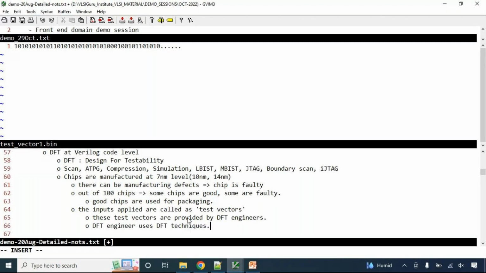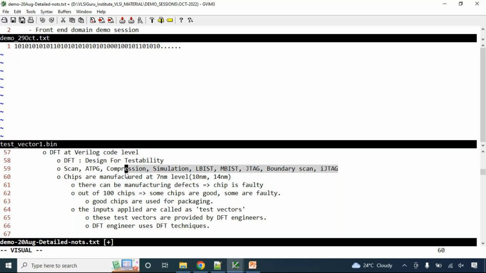What are the DFT techniques? Scan, ATPG, compression, simulation, logic BIST, memory BIST, JTAG, boundary scan, IJTAG. So, various techniques. Finally, you come up with vectors to figure out the faults.